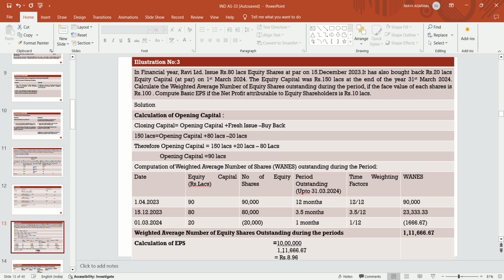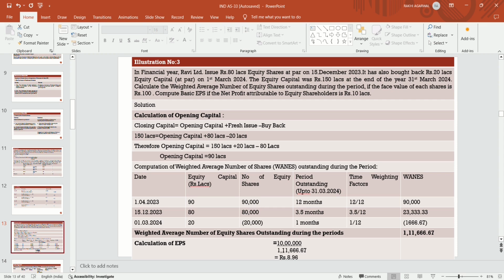So 1 divided by 12, so it becomes 1666. And for 80,000, the time effect is to be given, that is 3.5 divided by 12, so it becomes 23,333.